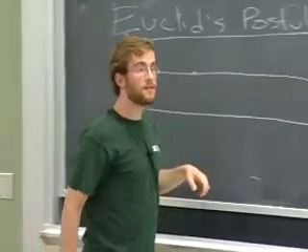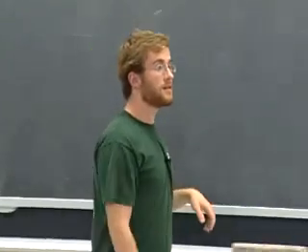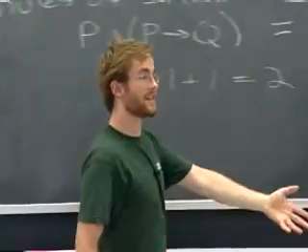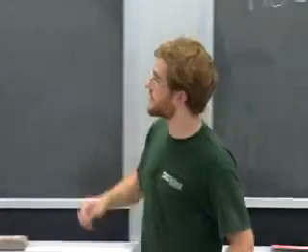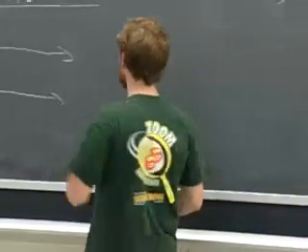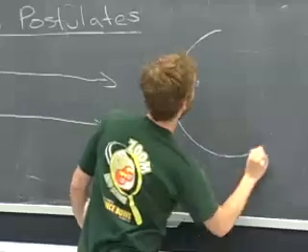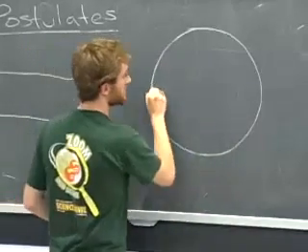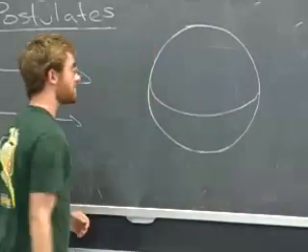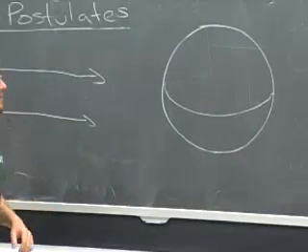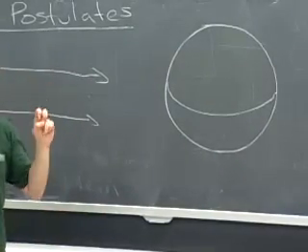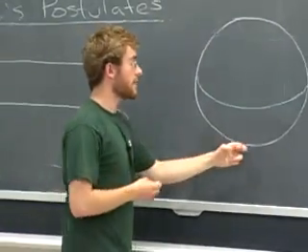Go ahead. What if you're dealing with different surfaces? Exactly. So this gives us the idea of non-Euclidean geometry. And just to give you a quick example, suppose we're on the surface of a sphere. And we define our lines to be great circles.